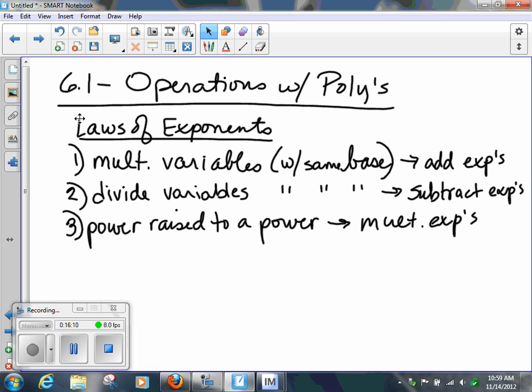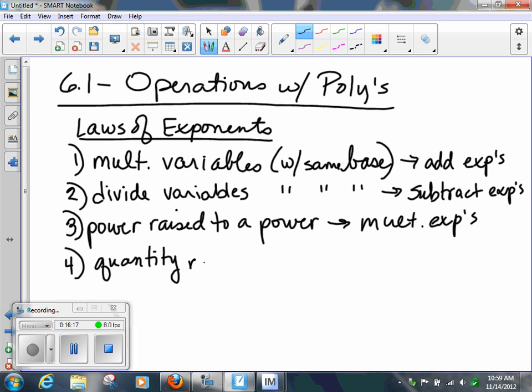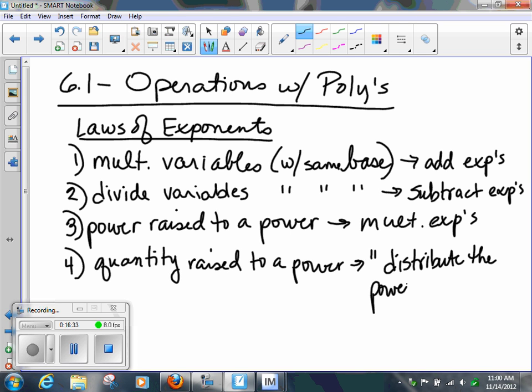If you have a quantity raised to a power, you kind of distribute the power and multiply. Now, what does that mean?